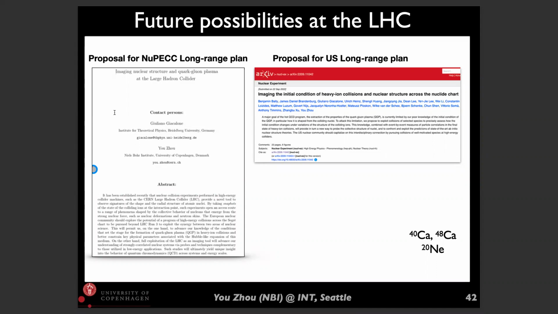But we also have two examples here: we really want to explore the full potential of the LHC to see what we can contribute to nuclear structure studies. One simple example would be calcium-40 and calcium-48. We study the neutron skin and also this very special structure for neon-20, because it's so obvious with all the shape that we would like to study.